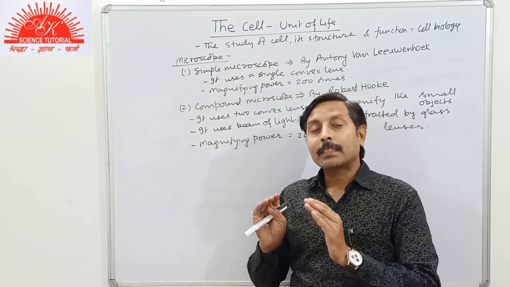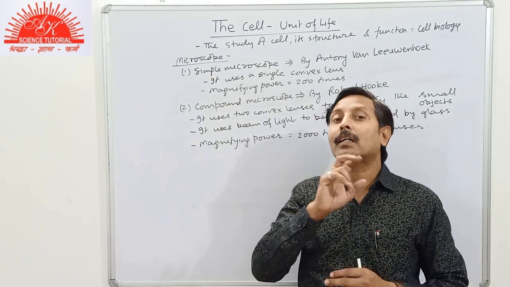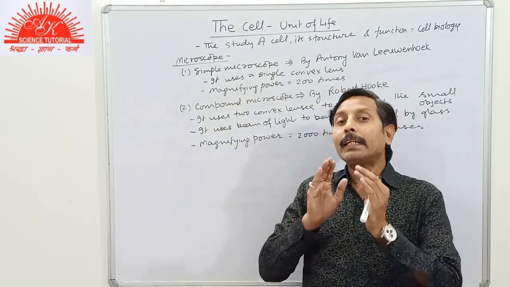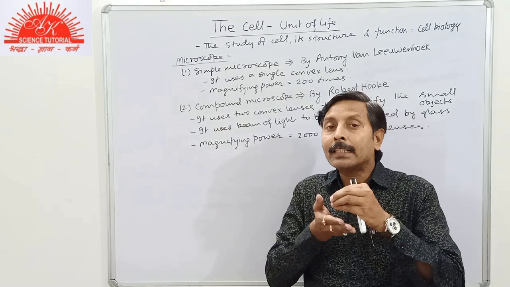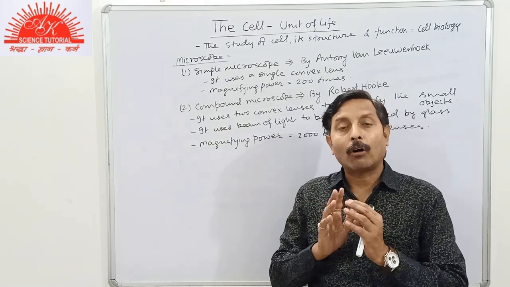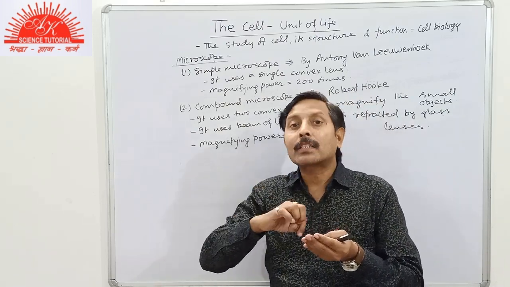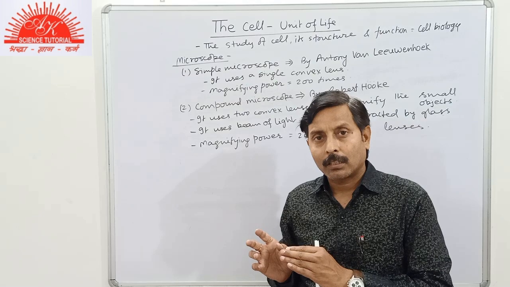Students, the cell studied by Robert Hooke was a cork cell. He studied a very thin slice of cork under his microscope and observed that it has many empty box-like structures.